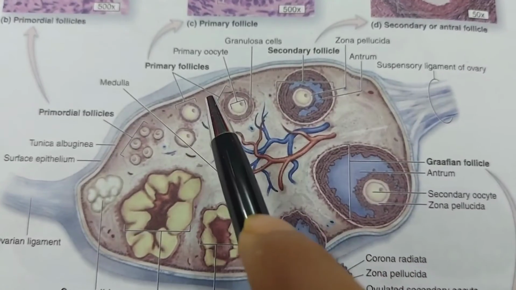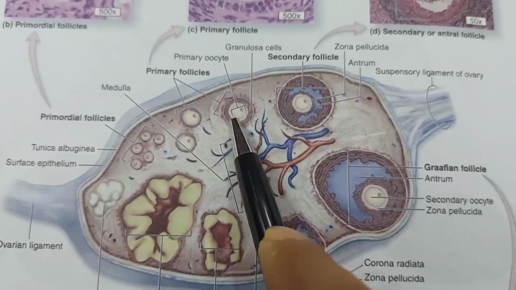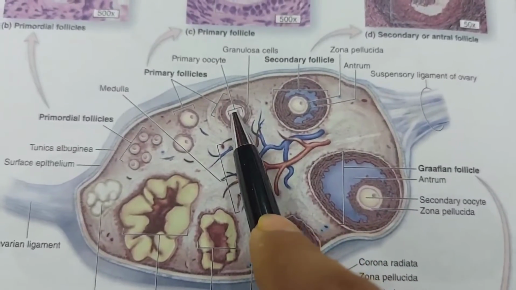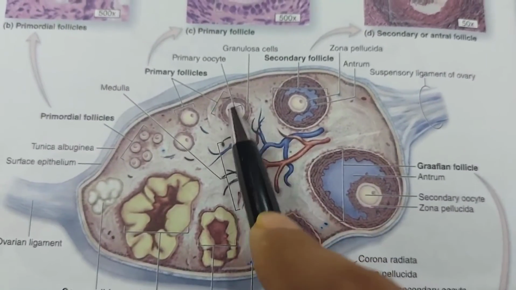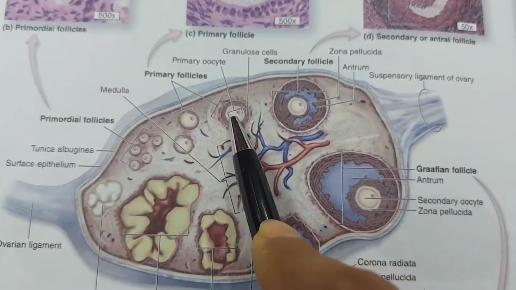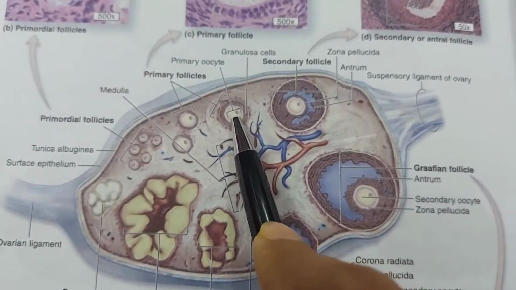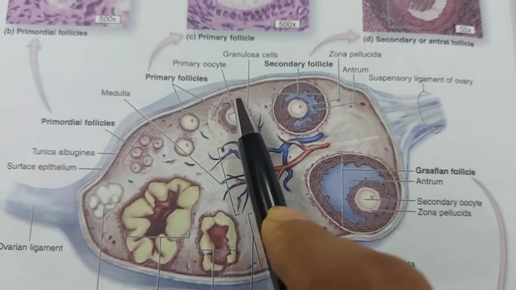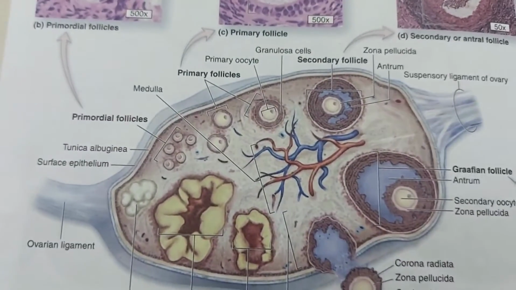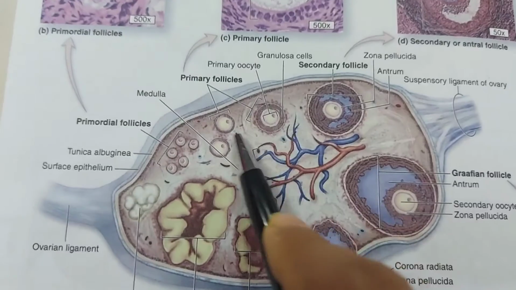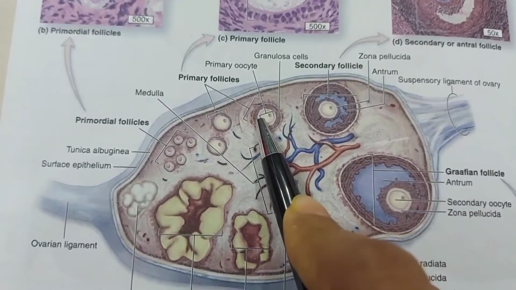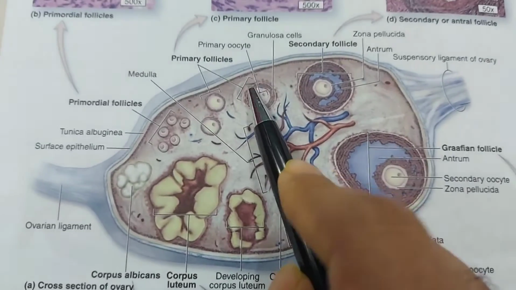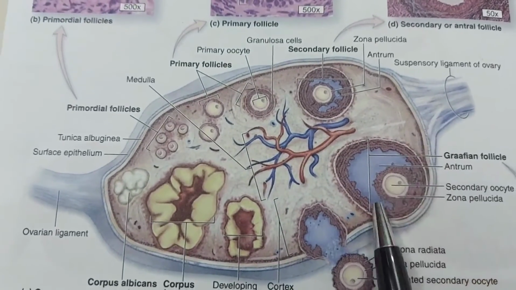And what is a primary oocyte? The primary oocyte is the oocyte that contains the diploid number of chromosomes, and it remains in the diplotene stage of the first meiotic division. After completion of the first meiotic division, it forms the secondary oocyte.